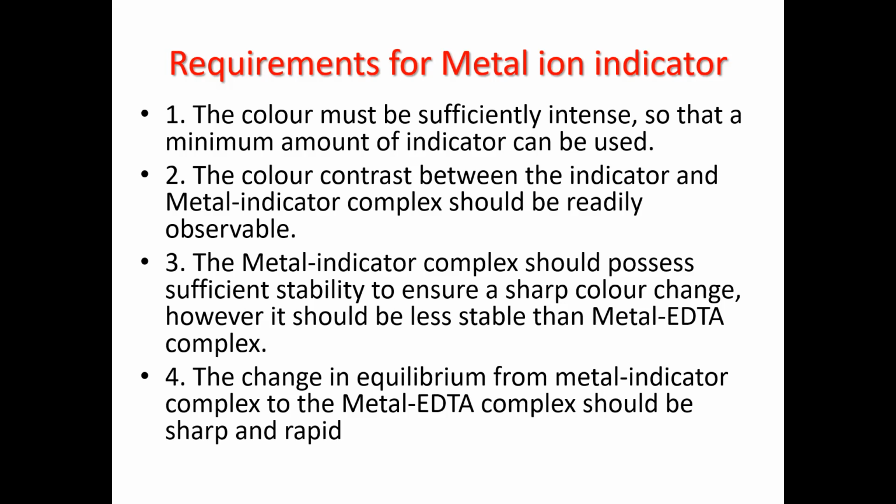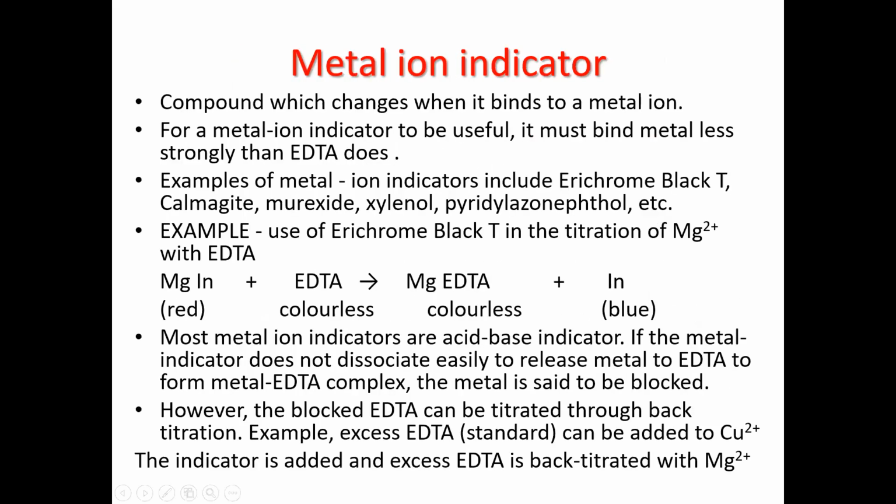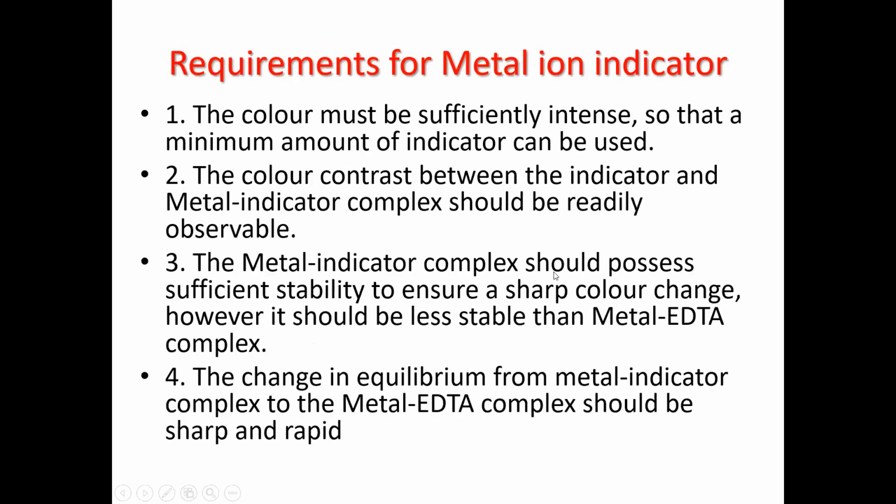Number one, there must be a sufficient color change. There should be a sharp contrast in the color at the initial start of the reaction and at the end of the reaction, like the one we saw before, where the color changed from red to blue. It's so easy to see that a reaction has been completed when there is a color change.